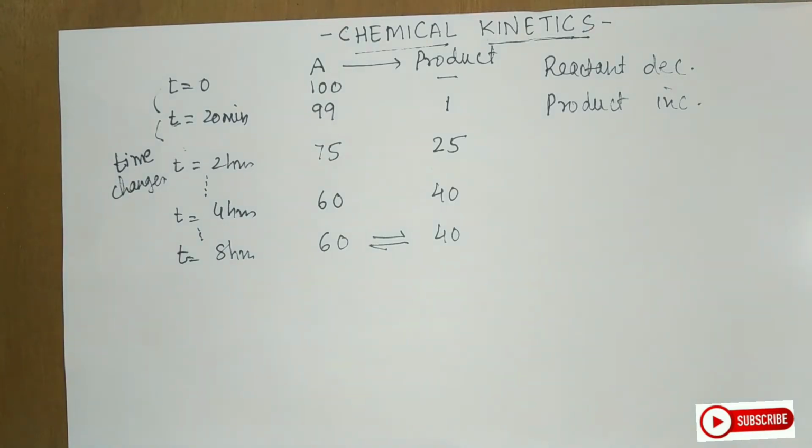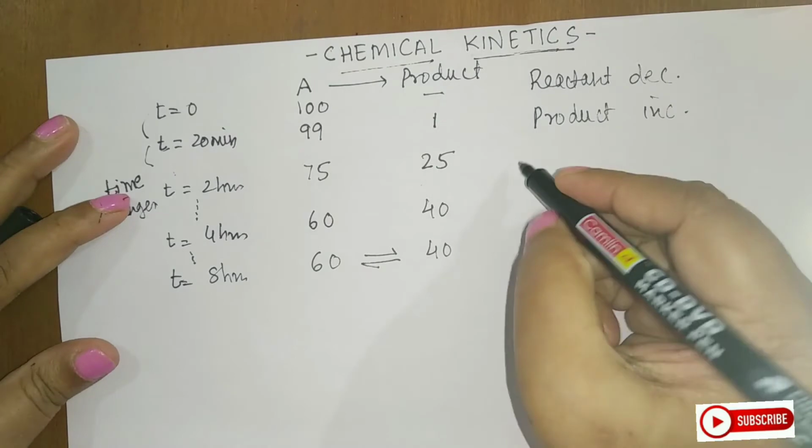So students, what is chemical kinetics now? Chemical kinetics is the branch of chemistry. Let us write what is chemical kinetics.